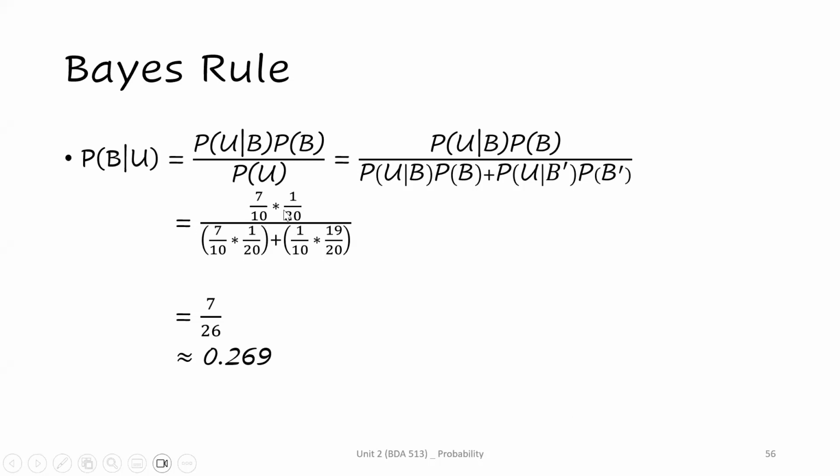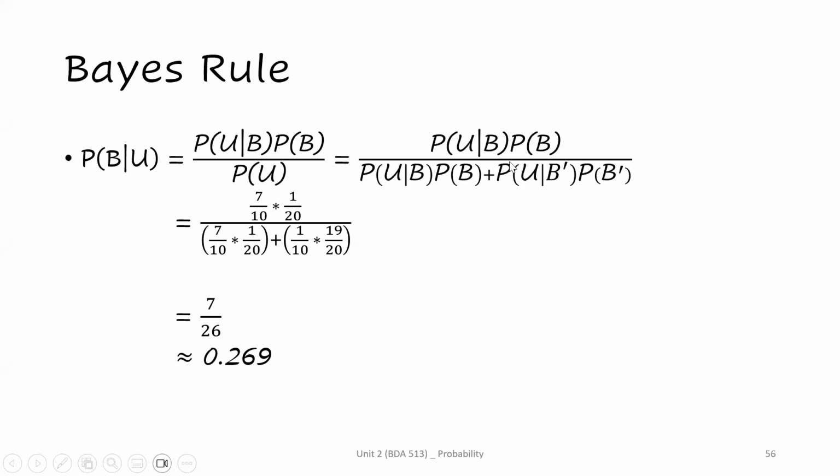Now the denominator: we are just picking what you have on the numerator and bringing it down, and then you add the one for the prime. Have you seen it? Whatever you have on the numerator, you bring it down. That gives you those who were born within 25 miles, and then we add those who were not born within 25 miles.